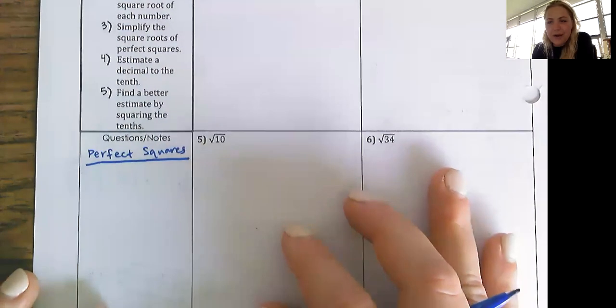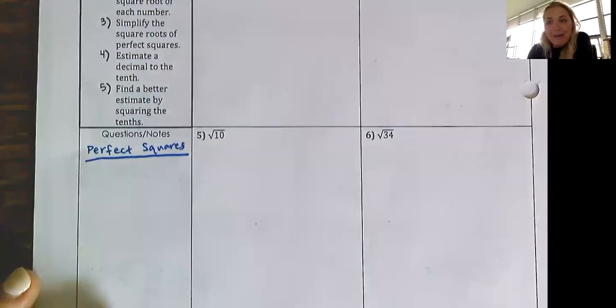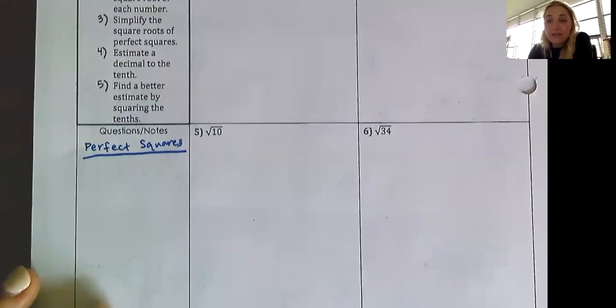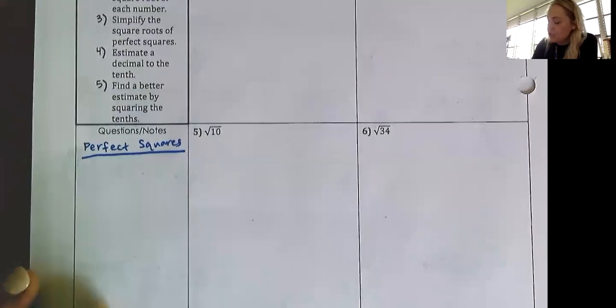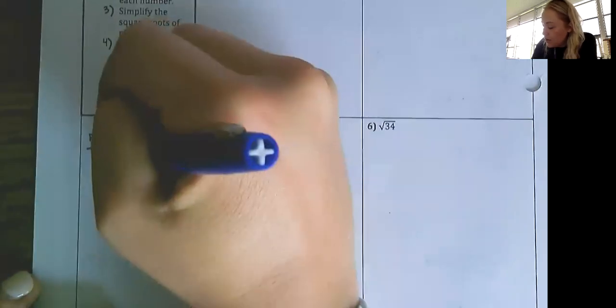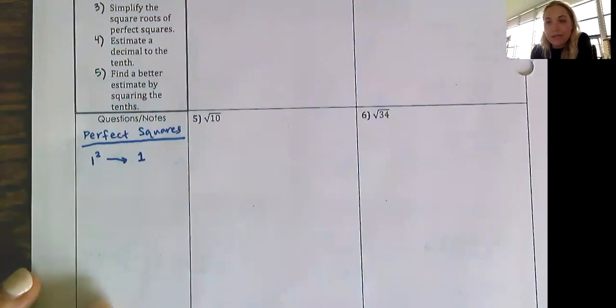So what's a perfect square? Well, we talked about this back when we did that squares challenge, but I'll start with the first perfect square. The first perfect square is the product of 1 times 1 because I multiplied the same number by itself. So 1 squared gives us the perfect square 1 because 1 times 1 is 1.